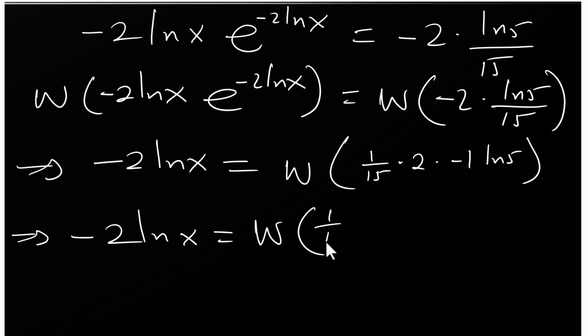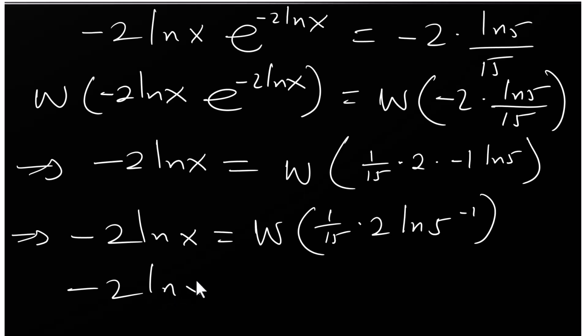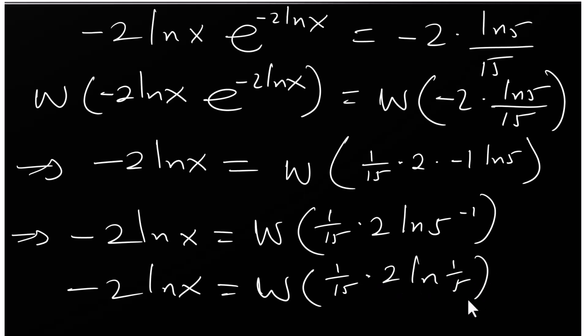So minus 2 ln of x equals to W function. So 1 on 15 times 2. Now let's do this one as power rule. So let's send this one to this side. That would be ln of 5 to the power minus 1. So minus 2 ln of x equals W function. So 1 over 15. So this side will be 1 over 5. Now let's treat these two also as power to this. So that will be 1 over 5 all squared.